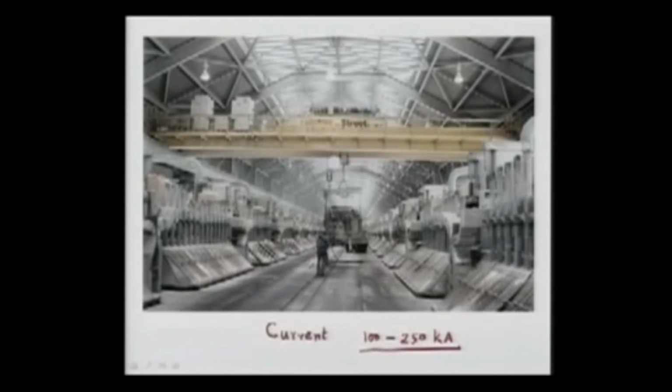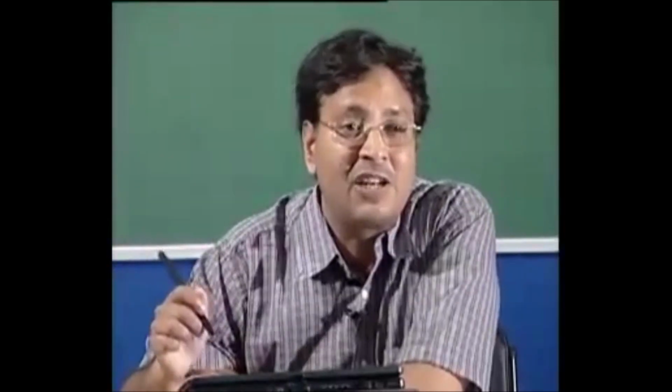This is to give you a feel: the regular power supply you see in houses is hardly 5 amperes or 15 amperes, but the electrical energy that we need to produce aluminium is a huge amount. So the current supply is here. As I explained to you earlier, these are the covers or hoods that can be removed.